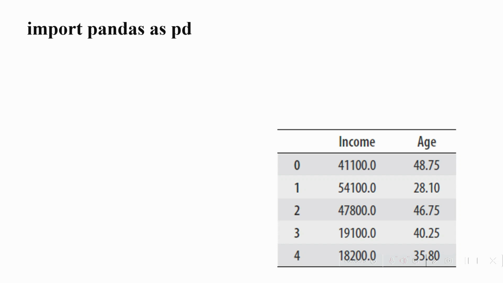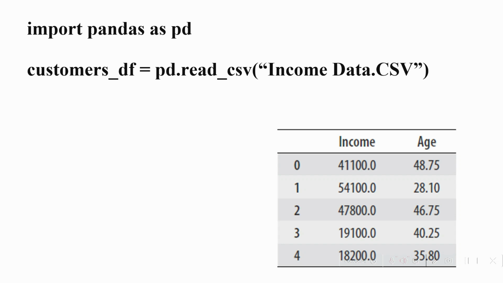In order to perform these steps, we have to follow different steps. The first step is to import the data set, that is, import pandas as pd. Our data set name is income.csv. So pd.read_csv reads our data set, income.csv, and it is stored in customers_df. Now customers_df contains the income and the corresponding age fields.